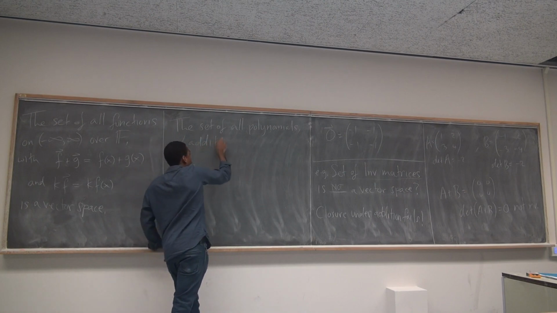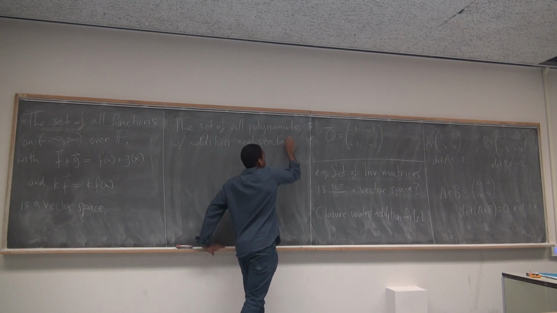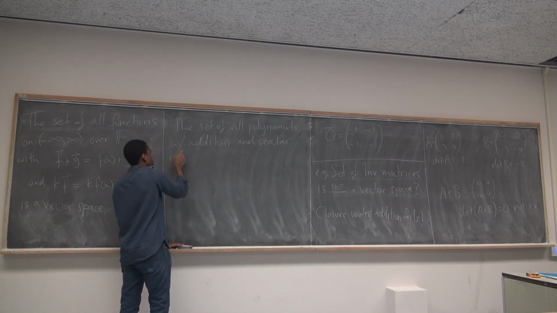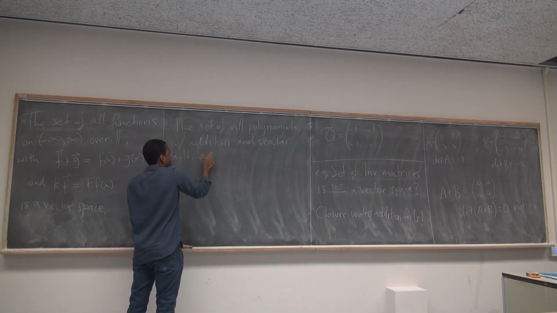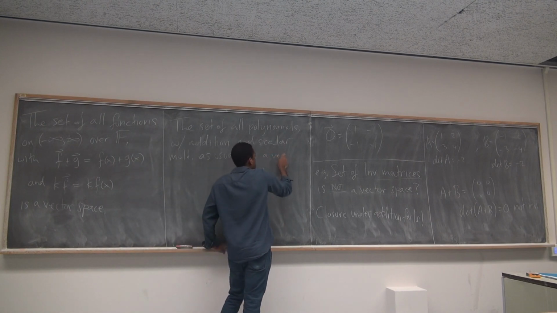You look at only the polynomial functions, with addition and scalar multiplication defined the way you usually do. That is a vector space.